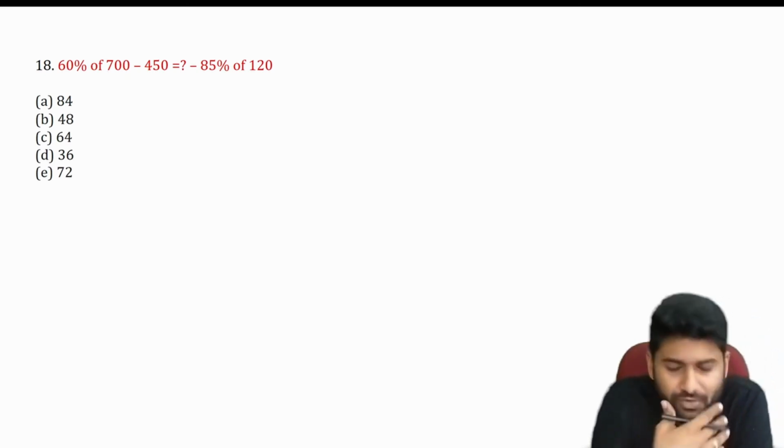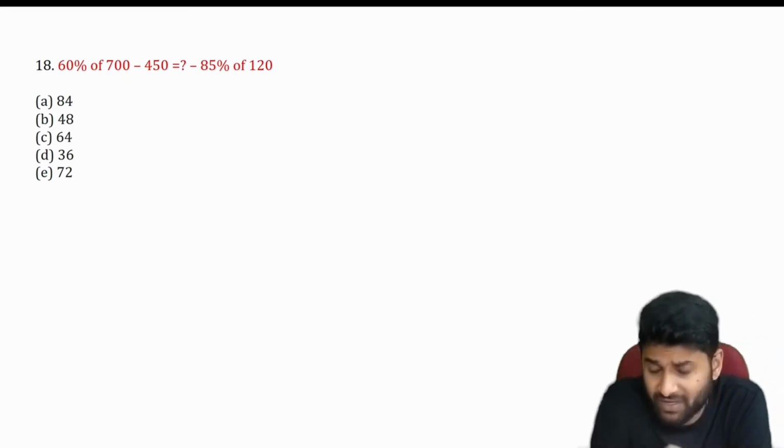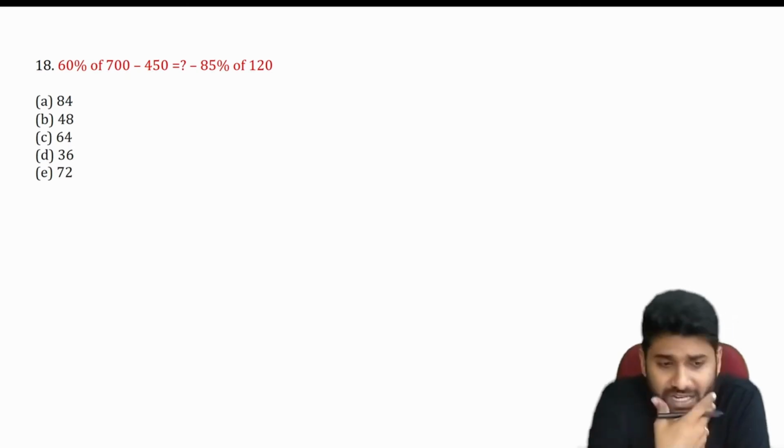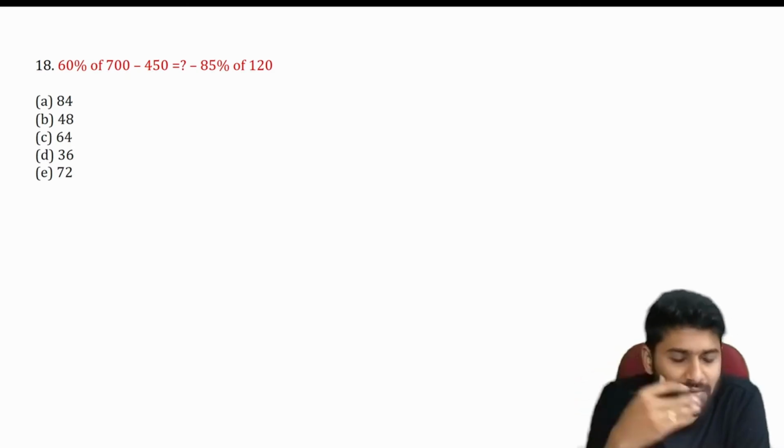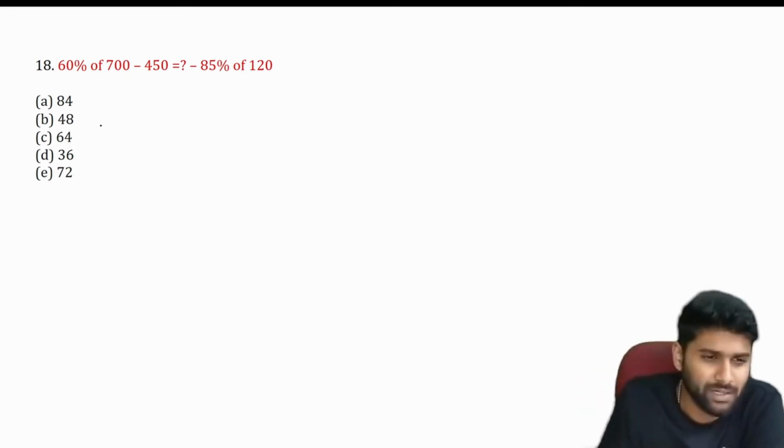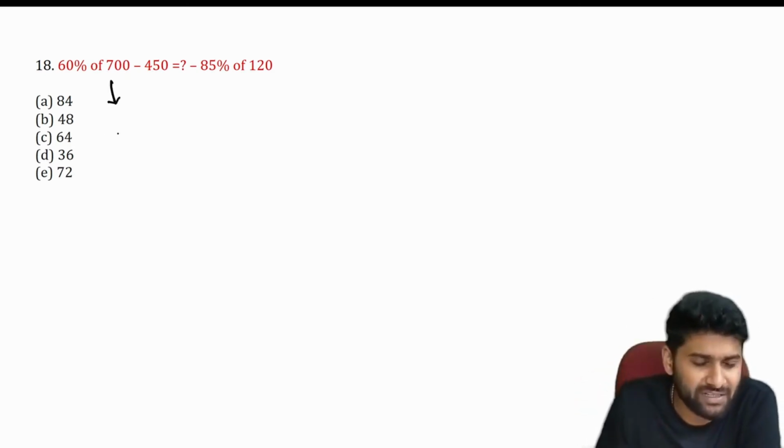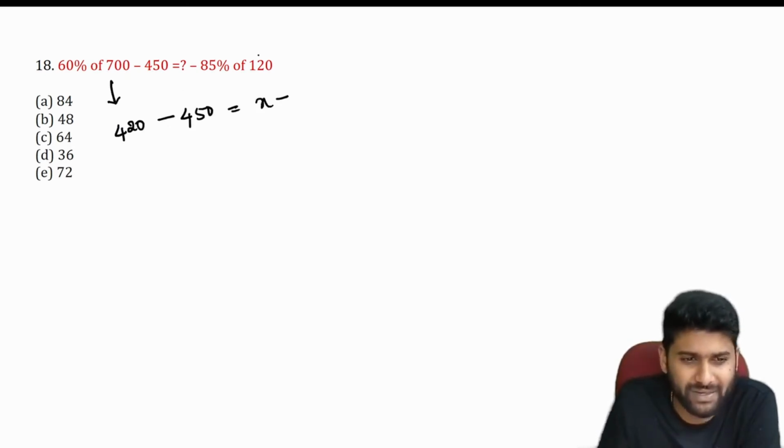Just you can save your time in your specific simplification question, guys. So be faster in the calculation, learn all the methods or all the calculation information, then you can save your time definitely. So 60% of 700 is exactly equal to 420, right? 420 minus 450 is exactly equal to x minus 85% of 120.